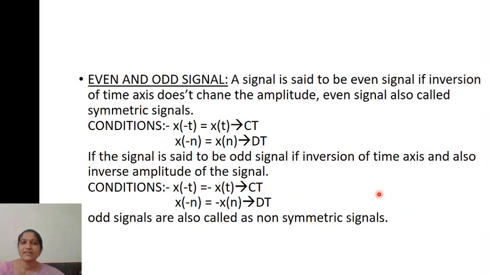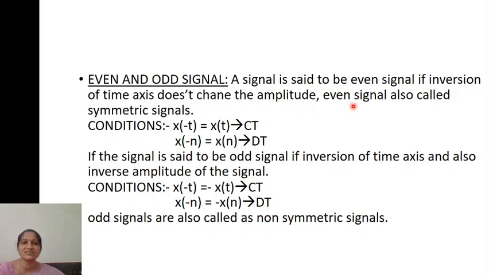Next one, even and odd signals. What is the meaning of even? Generally in mathematics, multiples of 2 are called even and other than multiples of 2 are called odd. Likewise here also, a signal is said to be even if inversion of time axis does not change the amplitude.